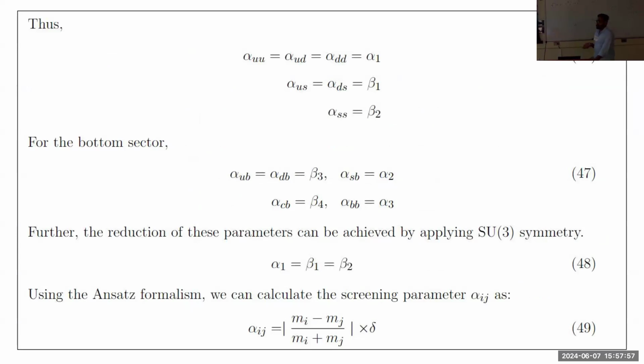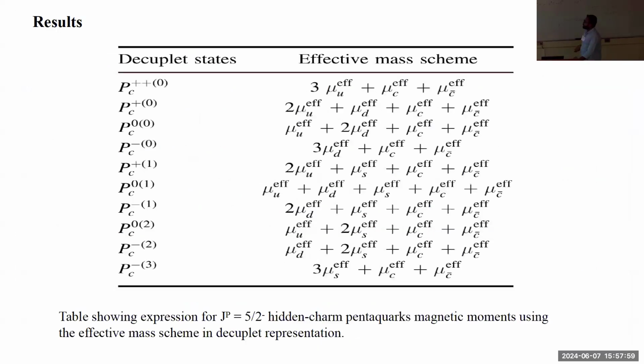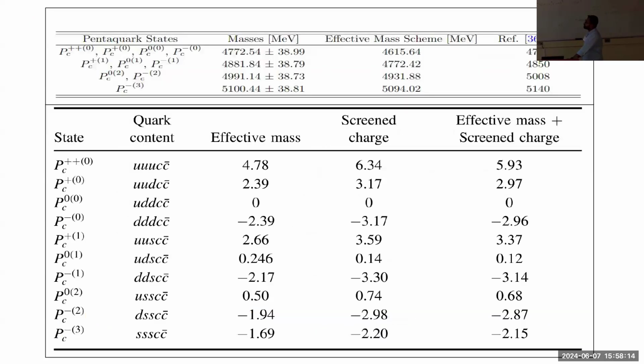By using these three methodologies, these are a few results. We have classified the hidden charm pentaquarks into the decuplet representation, having spin 5/2, and these are the expressions for the decuplet particles for their magnetic moments using the effective mass scheme. The table above shows the mass spectra, and the table below shows the magnetic moment assignments using the three different methodologies of effective mass, screening charge, and both schemes together.